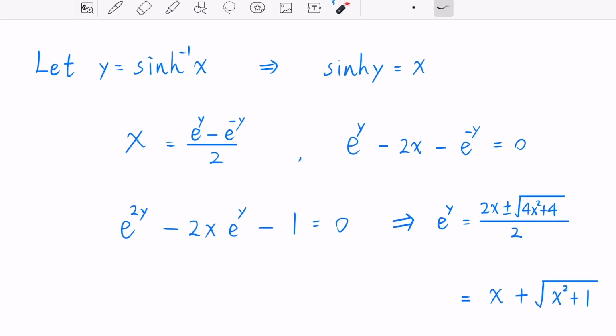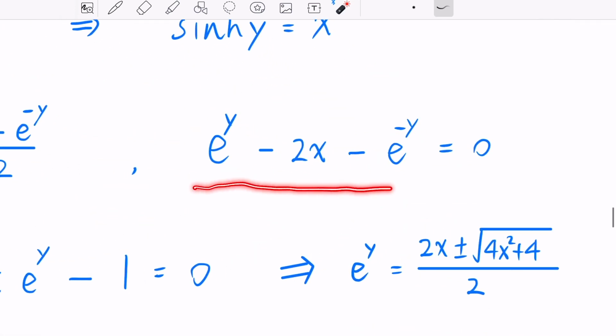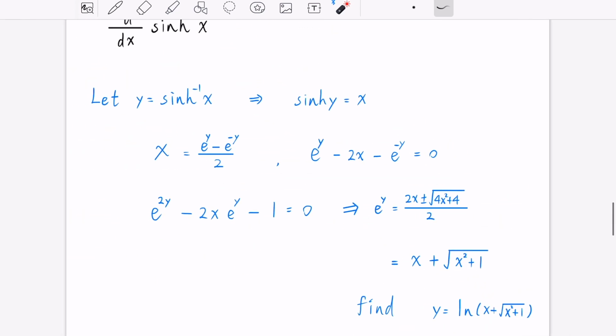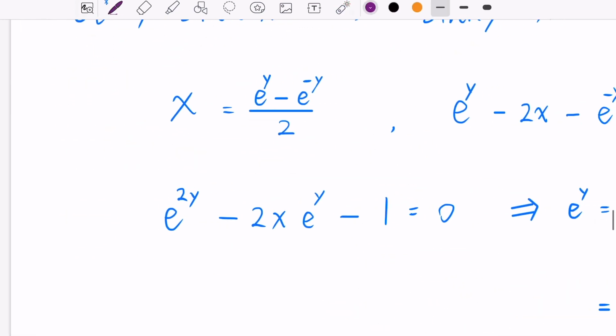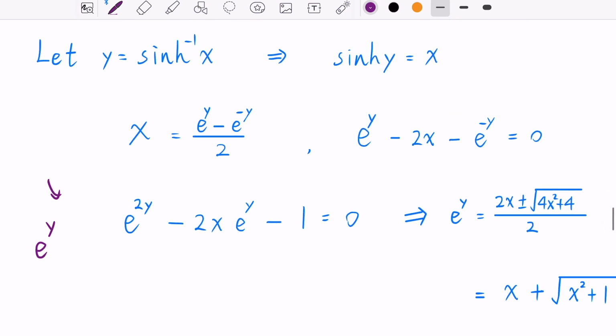By the definition, we can write down this form. After we have the formula, we can change it into this form. Then we have to make a transform again. Here, we multiply the formula by e to the power y, and we'll get the formula like this.